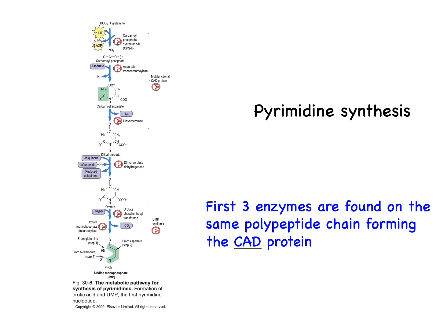That was actually determined because there's an inhibitor of the second enzyme, the aspartate transcarbamylase, that was being looked at as a possible treatment for cancer. You know, if you can't make pyrimidines, you can't make DNA, and so that might inhibit cell division.